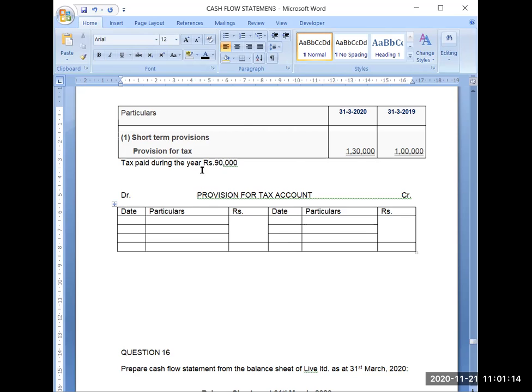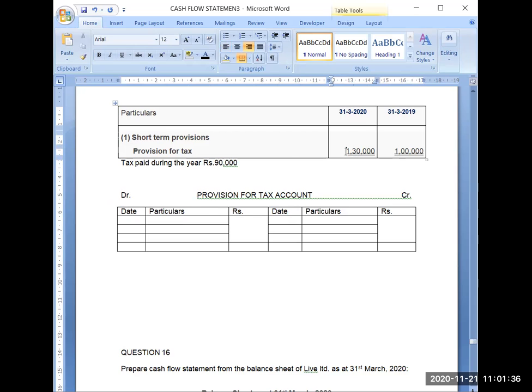First thing, we will write the opening and closing balance. Can you tell me the nature of opening balance of provision for tax? It will be credit balance or debit balance in provision for tax account.